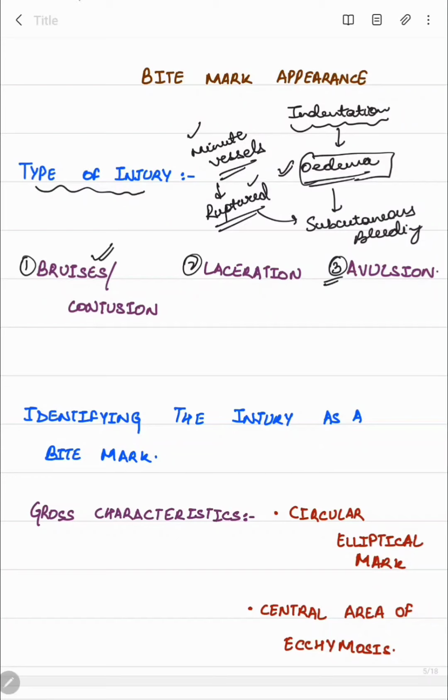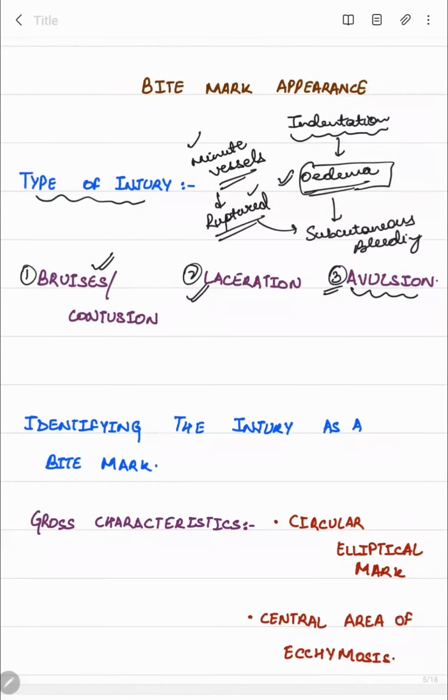Now if the intensity of the bite is greater, there may be a break in the integrity of the skin surface, resulting in laceration of that tissue or skin surface. And the most extreme form of bite mark injury is avulsion, in which the tissue is bitten off, right?